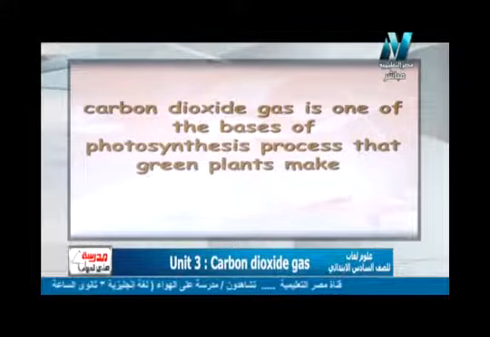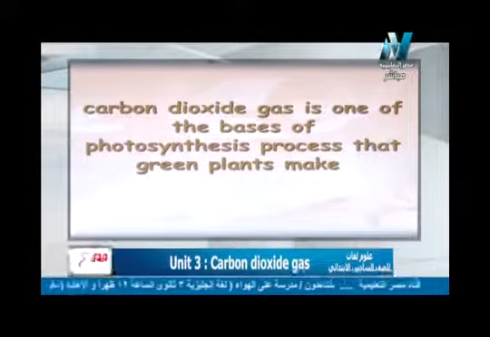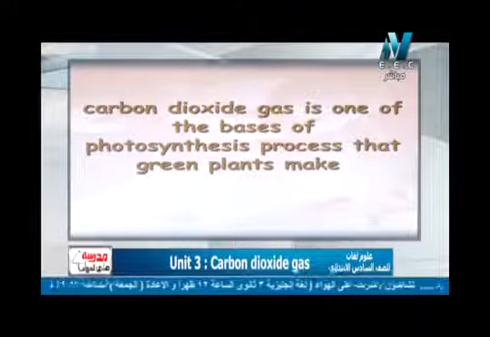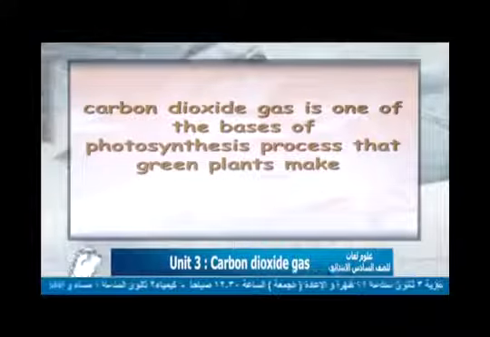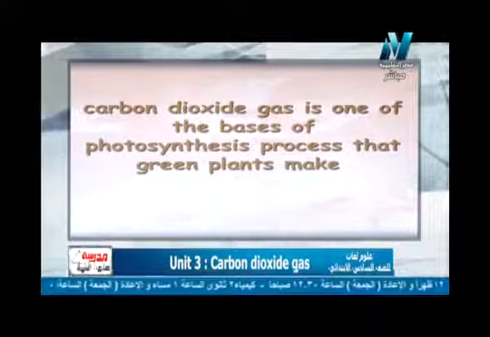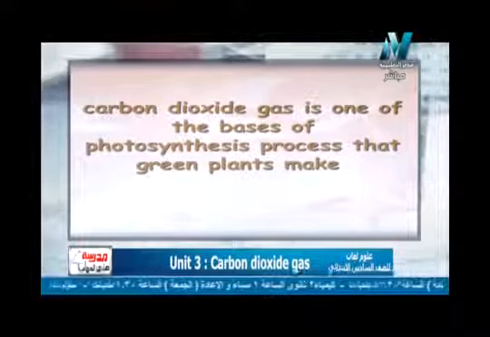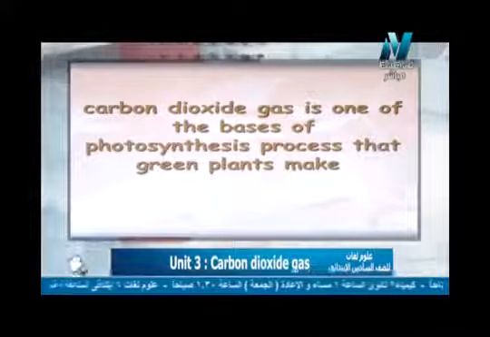Let's start with the first piece of information about carbon dioxide gas: it is one of the bases of the photosynthesis process that green plants make. We know very well that carbon dioxide gas is very important for the plant. The plant makes an important process with it called the photosynthesis process.